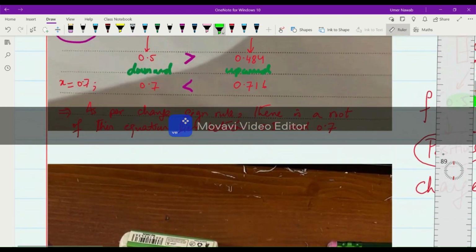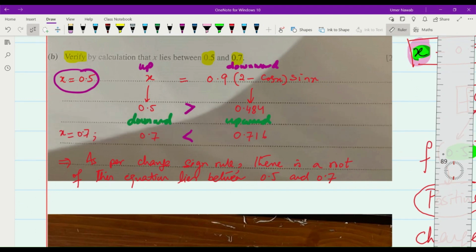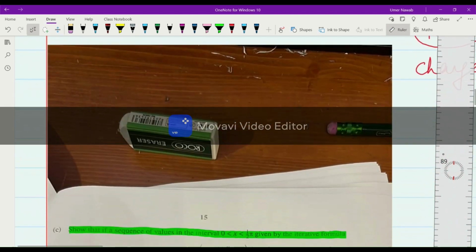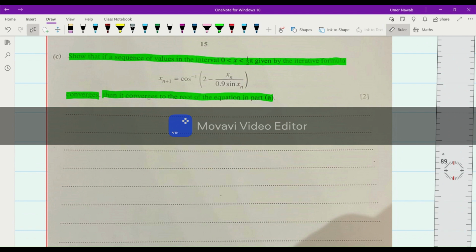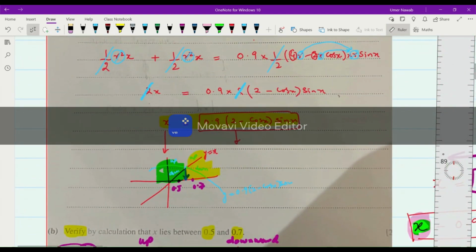In the previous part, you did not find the root, but you found that the root, if it exists, lies between 0.5 and 0.7, and this is 100% sure. So you did not find a root, but you said the root is between the two values. But in this part, you are trying to explain that the root which you will find for this iterative formula will give you the same answer which the original equation is giving you.